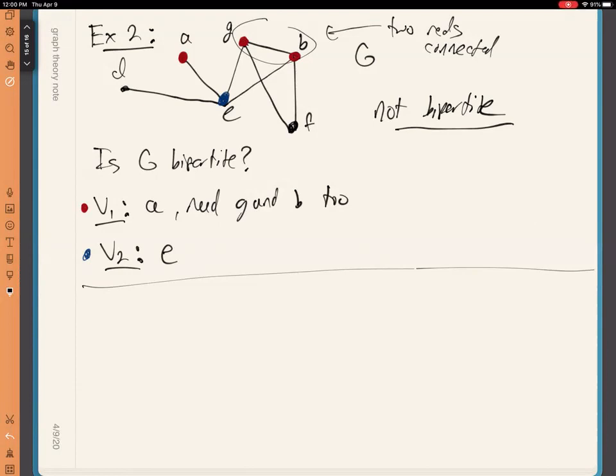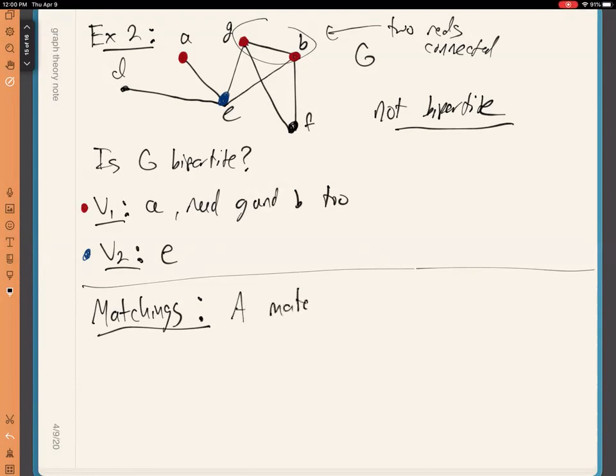Right, and so briefly, as I mentioned before, where does this often show up in practice? Bipartite graphs usually show up as examples of matchings, for example, job matchings. And so what is the more rigorous definition of a matching?